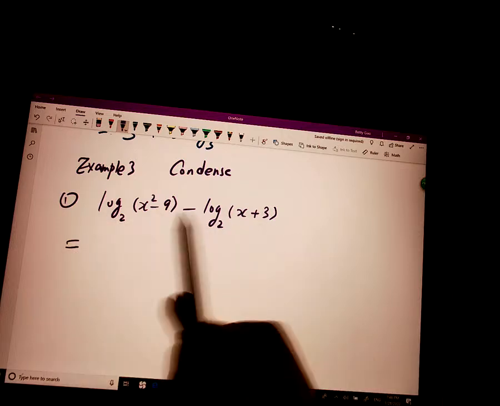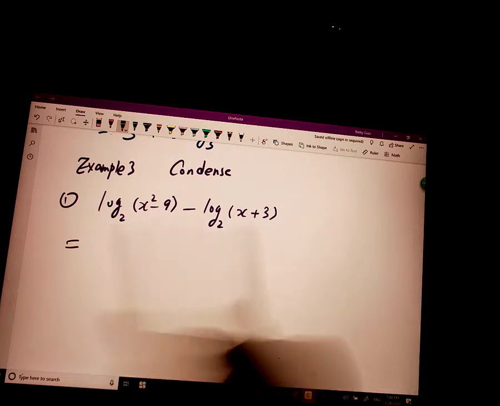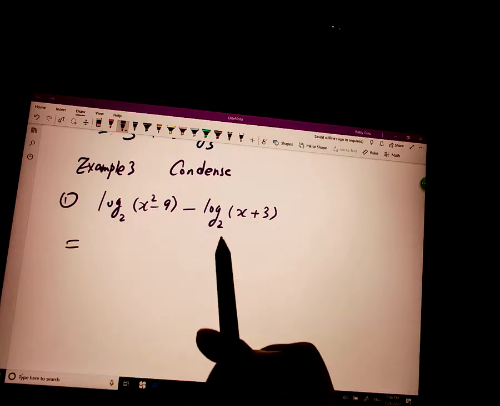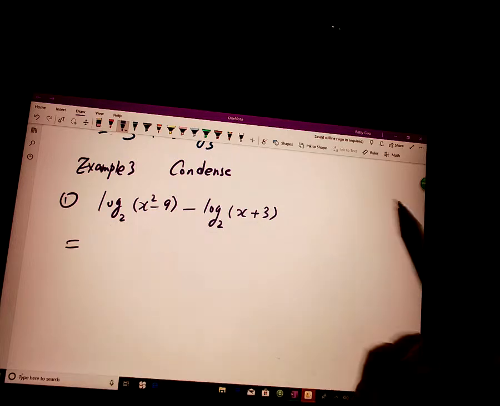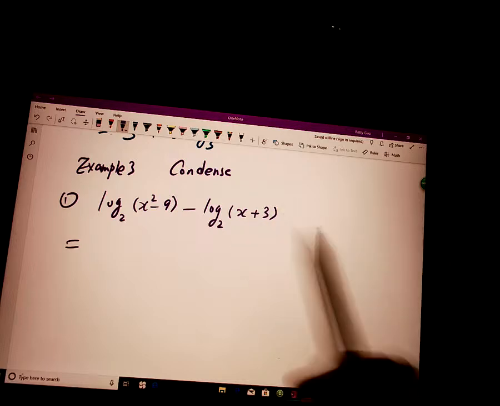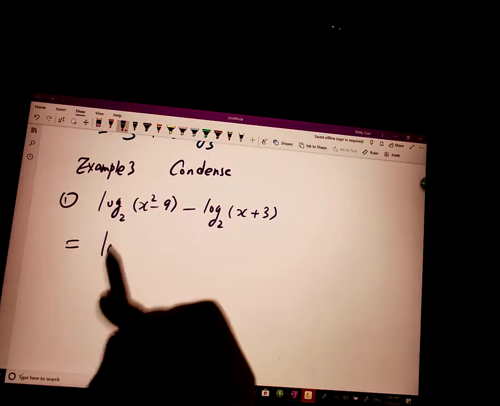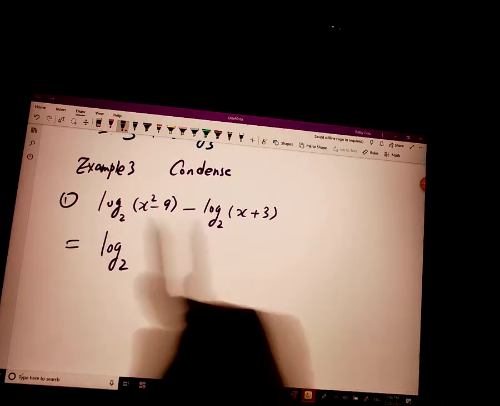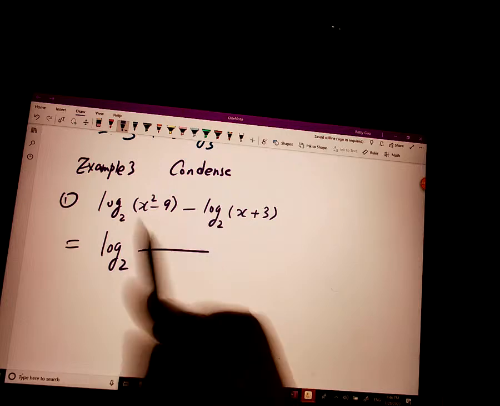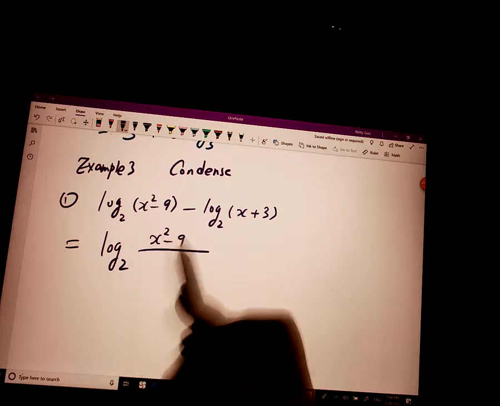You are looking at a subtraction of two logarithms with the same base 2. So what kind of property are you going to apply? Look at the formulas. Yes, the quotient rule. You're going to keep the base and take the quotient of the two arguments. Be very careful which one goes on the top and which one goes on the bottom.